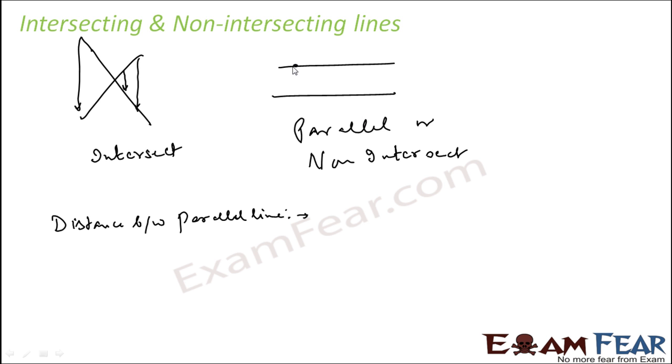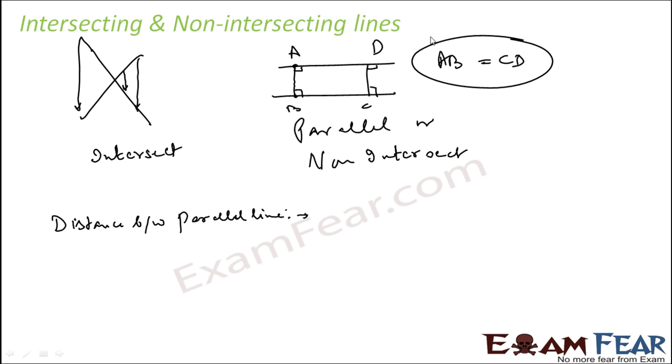But for parallel lines, if you find a distance between these 2 points and assuming they are perpendicular, these angles are 90. Let's suppose these 2 points, it's called AB and you call this as CD. You will notice that distance of AB is equal to distance of CD. Okay, so when you say distance, I mean the length of common perpendicular.